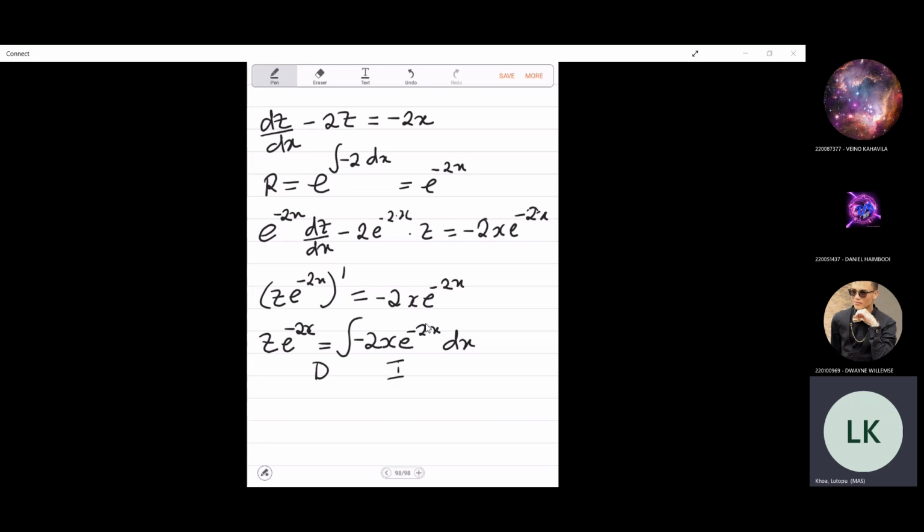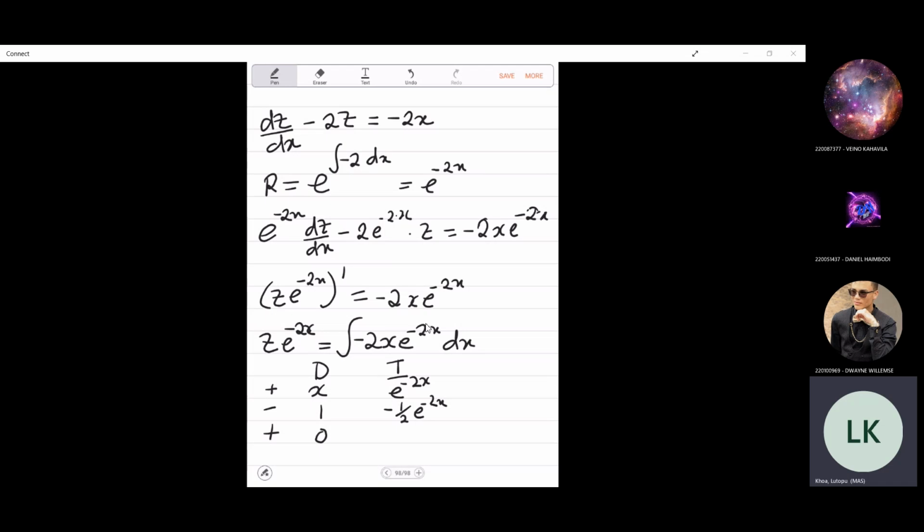So we have x, 1, 0, and then we are going to integrate e to the power of -2x, which is -1/2 e^(-2x).